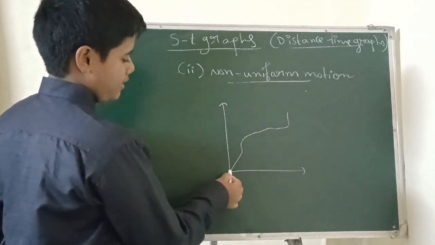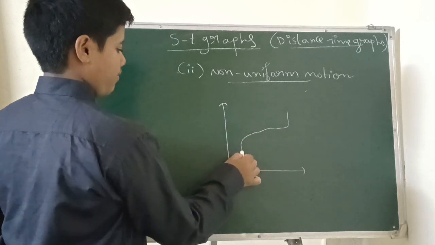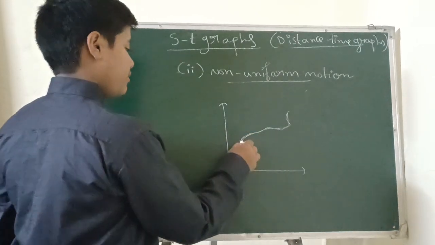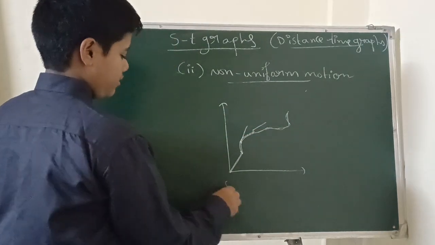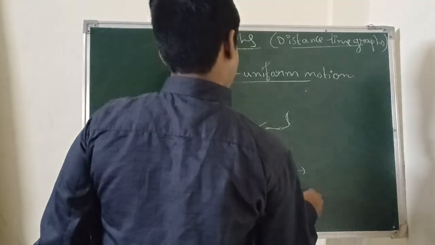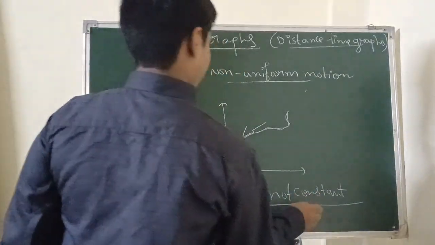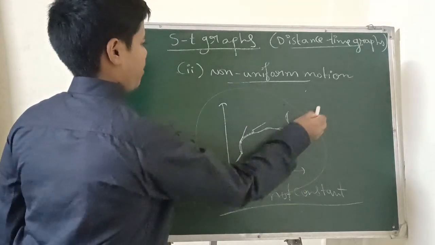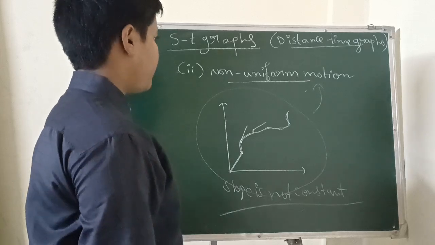Like this we can find the slope from this or from this, or here there is a curvy line. Curvy lines mean automatically slope is not constant. So this graph represents non-uniform motion. This is the second graph.